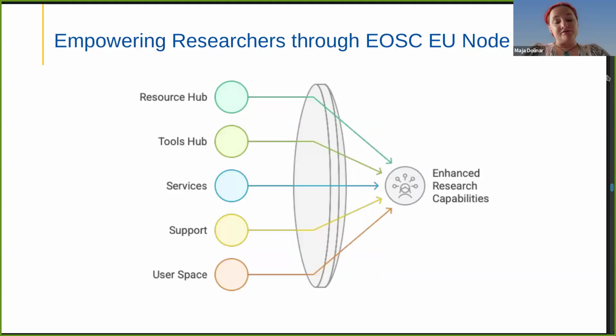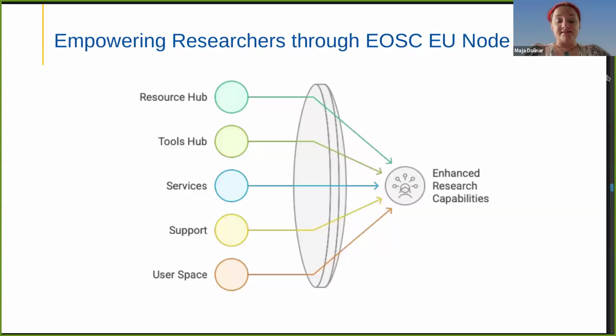So the EOSC EU Node empowers researchers by providing access to a vast repository of over 140 million research resources through the Resource Hub, which enables seamless discovery and reuse of data, publications, software, and other research outputs. Researchers can also leverage the Tools Hub to easily deploy applications over cloud resources or utilize the 6 specialized services for data processing and analysis.